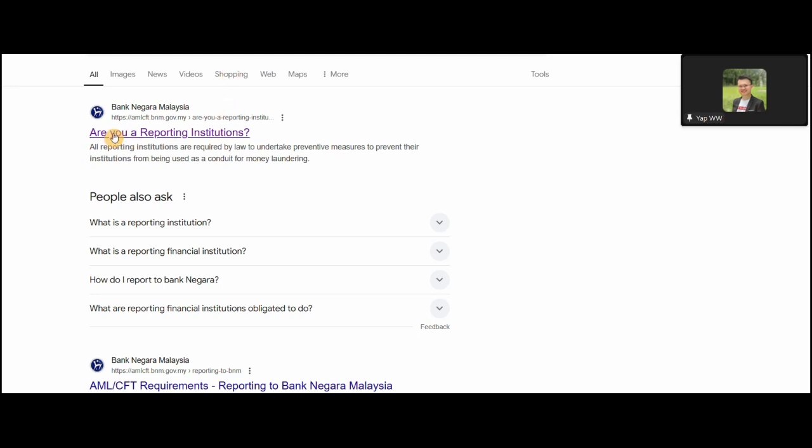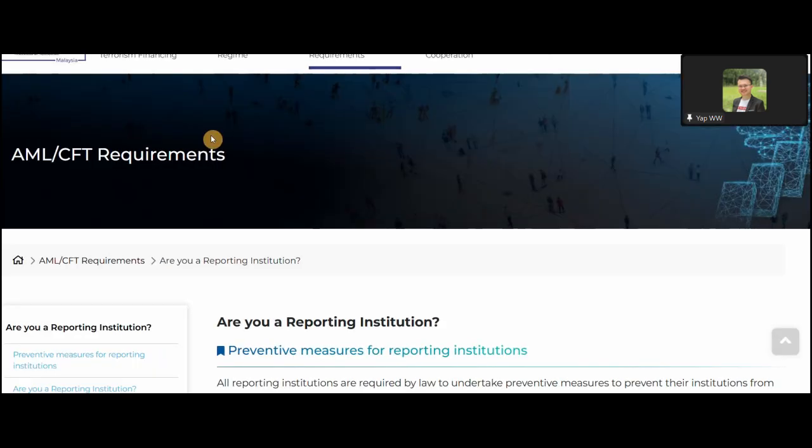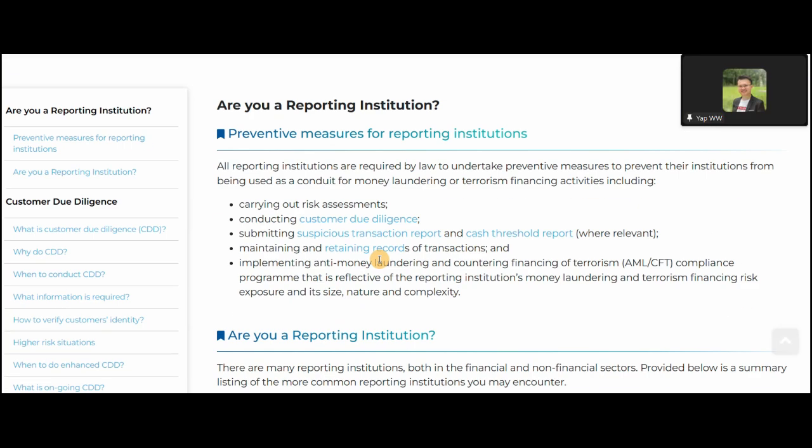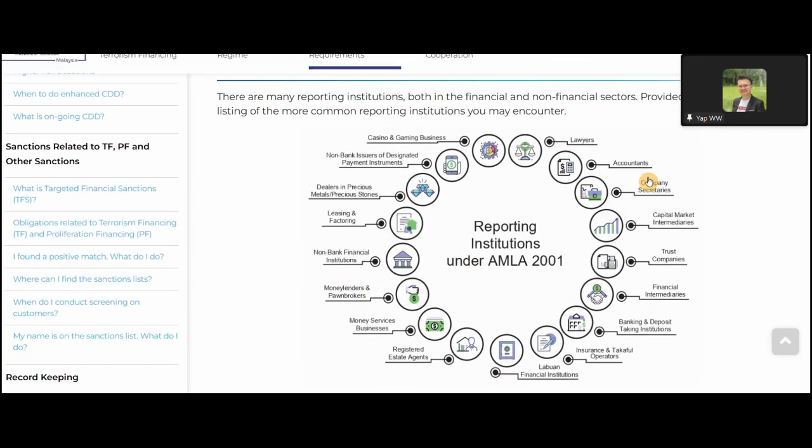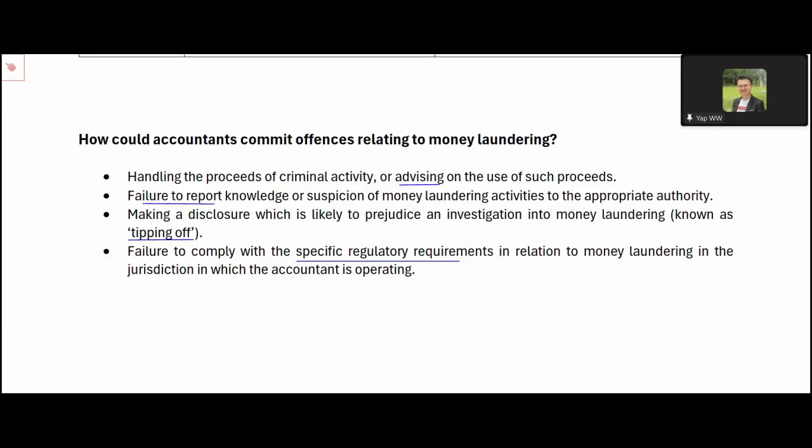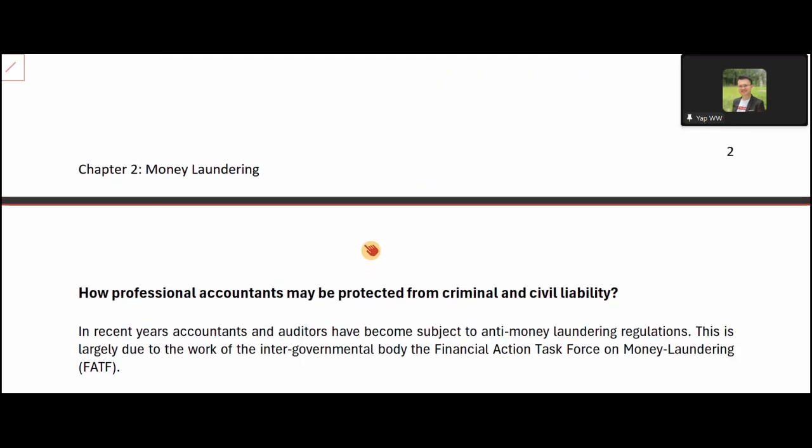You will find, are you a reporting institution? Okay, so for AML, anti-money laundering, they recognize accounting firms, accountants are one of the reporting institutions. So when we are accountants and we encounter money laundering, we must obtain sufficient evidence and report. Depending on the local law, depending on the country, there will be specific regulatory requirements. If we don't comply, then we will commit an offense.